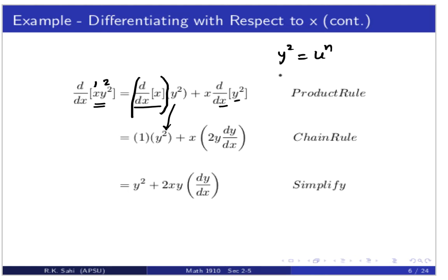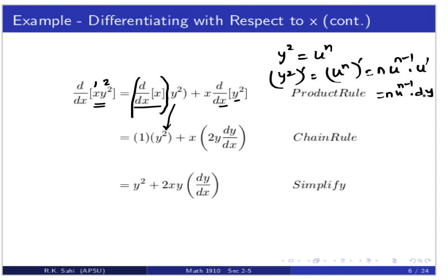So the differential of y squared is the differential of u to the n, which we know is n u to the n minus 1 times u prime, where u prime is dy by dx. Or you can write this as n u to the n minus 1 times dy by dx.